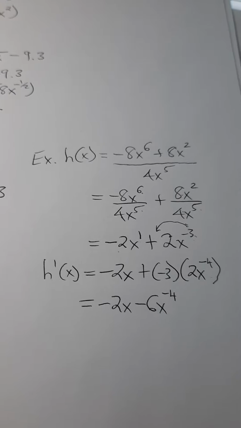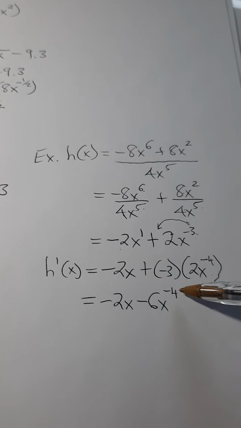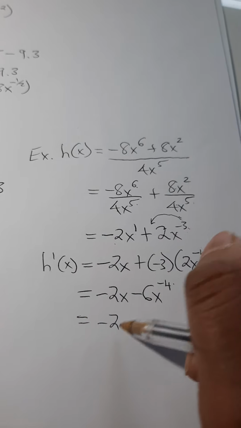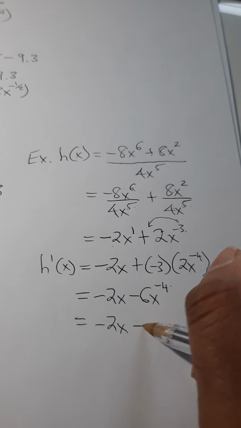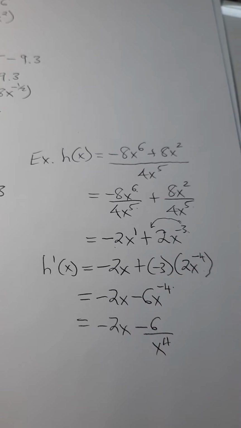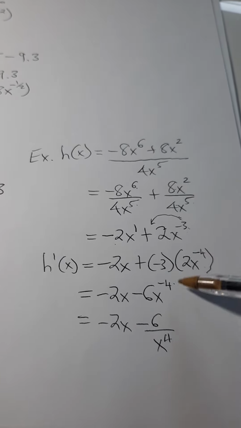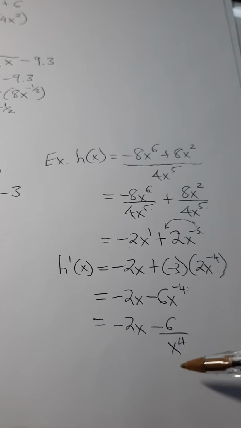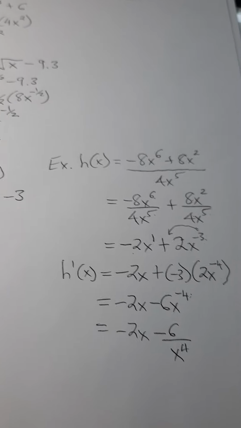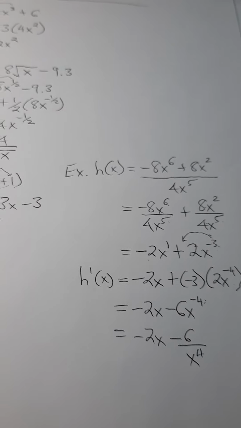And then what we want to do again is, I don't want to leave the negative exponent here. So we'll just add one step. So I'm left with negative 2x minus 6 over x to the power of 4. You're just taking this negative 4 to the bottom, and when you take it to the denominator side, you notice the exponent is just going to become positive.